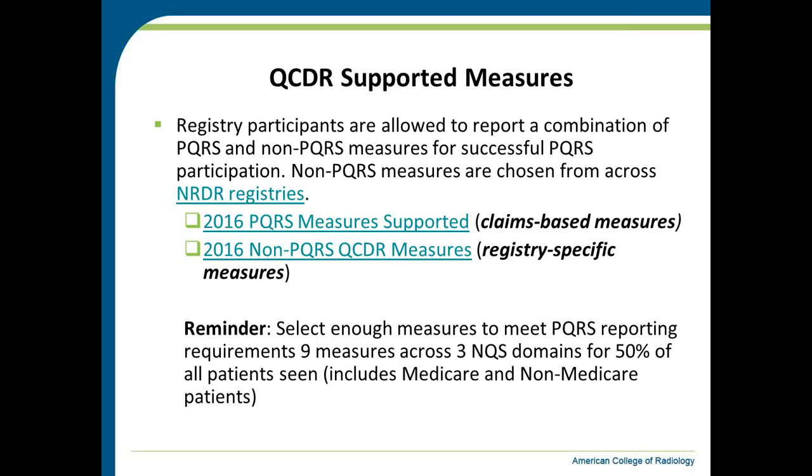Basically, these non-PQRS measures are chosen from across our NRDR registries. So data submission for each of these is different. And as a reminder, we want you to select enough measures to meet the PQRS reporting requirements. That's the 9 measures, 3 domains for 50% of all your patients seen for the year.